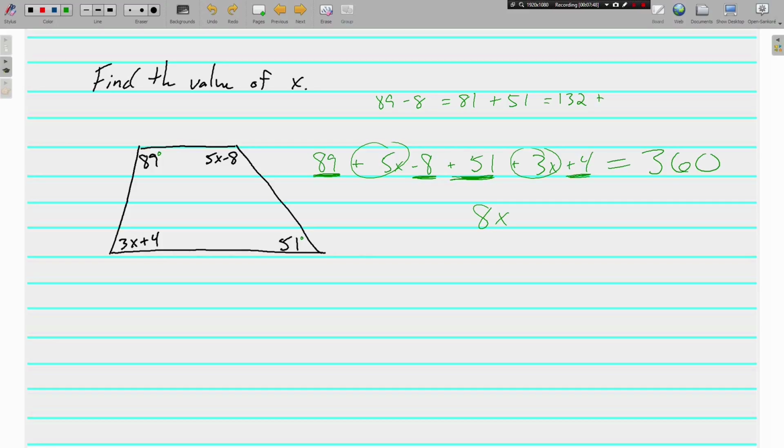Plus 4 is 136 when we combine the numbers. And of course those still equal 360.